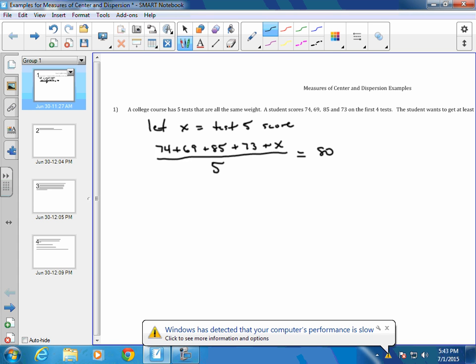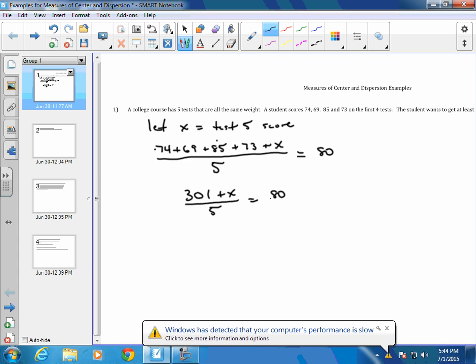Not really fond of the way this looks, so let's add up the 74 plus 69 plus 85 plus 73. If we add those 4 numbers together, we should get 301. So we've got (301 plus x) over 5 is equal to 80.